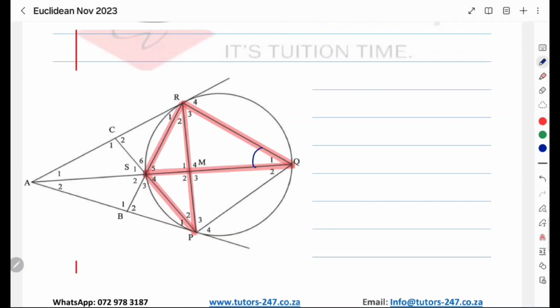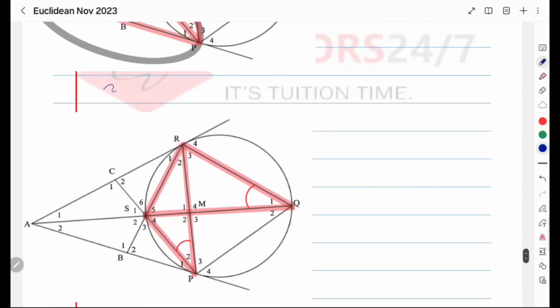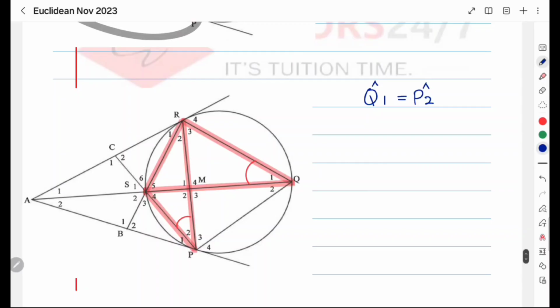That means that Q1 is equal to P2. So we are going to state Q1 is equal to P2, and our reason is angles in the same segment.